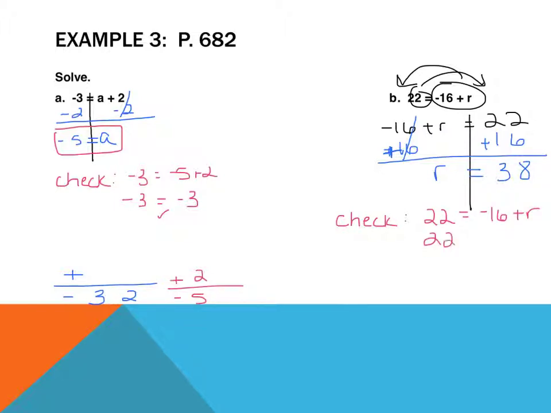We're going to replace r with 38. So -16 plus 38, 16 is negative, 38 is positive. I would have 16 pairs to cancel out, which would leave me with 22 pairs. So 38 is correct.